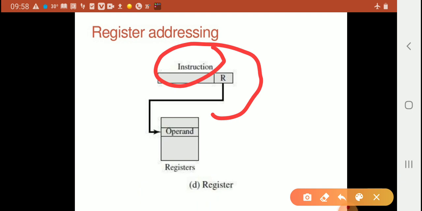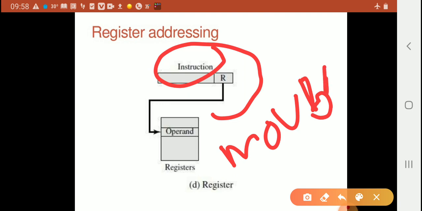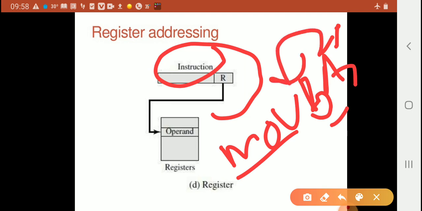For example, MOV B, A. MOV B, A means move the content of register A, the accumulator, into register B. This is the register addressing mode.